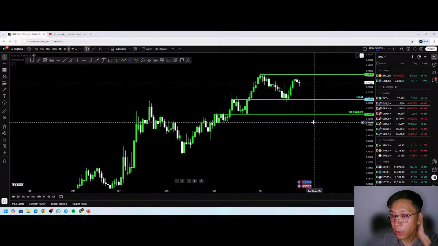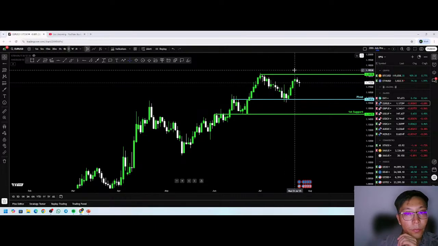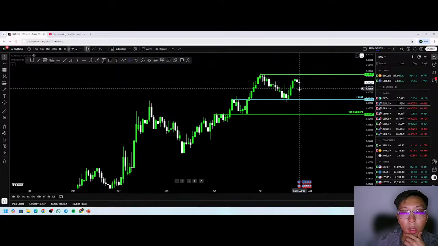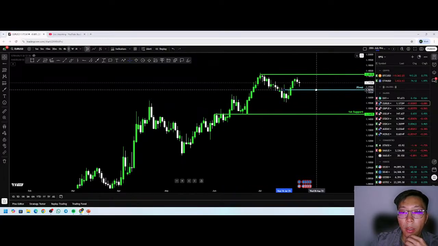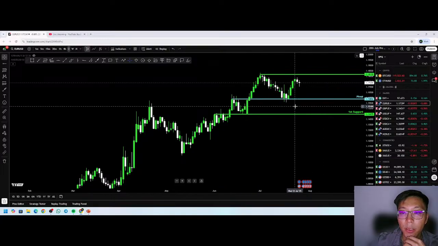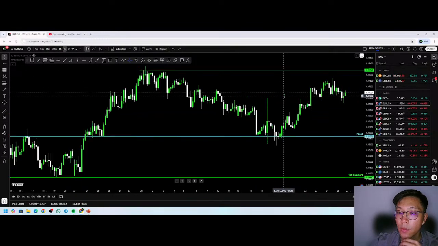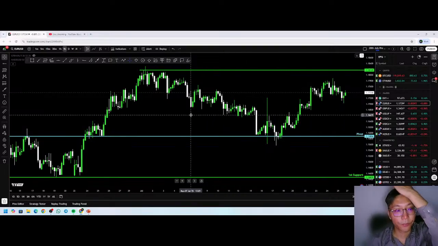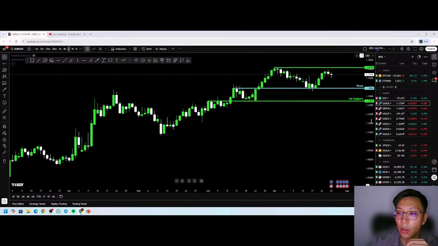RSI seems fine. I would rather look at a better entry over here. H4 seems nice. This area seems nice for a buy actually. This seems a little bit too far-fetched. Let me see.